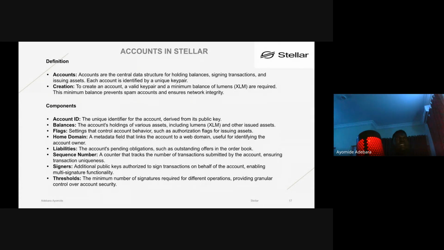We have flags, settings that control account behavior, such as authorization flags for issuing assets. Yes, we have home domain, a metadata field that links the account to a web domain, useful for identifying the account owners. So there are accounts whereby some individuals have created a domain that is attached to a public address.